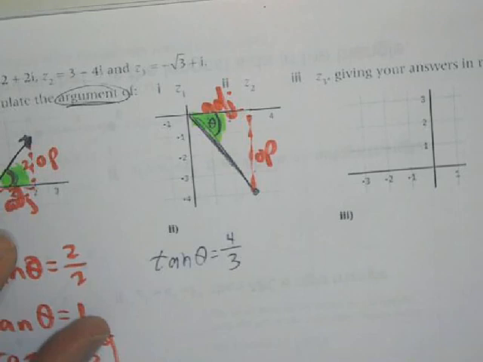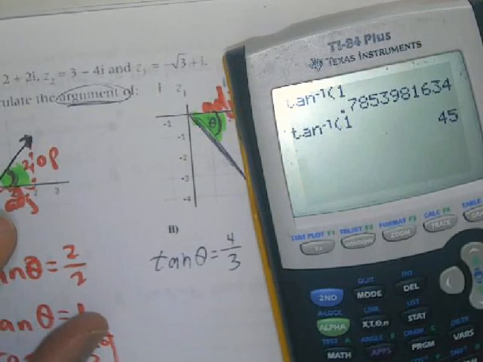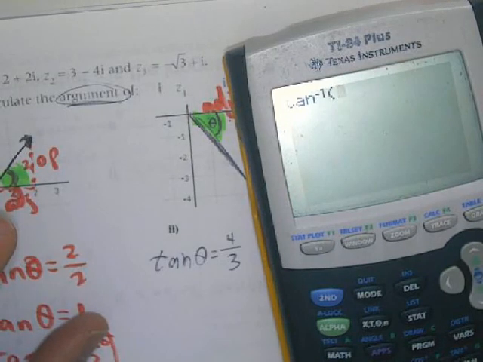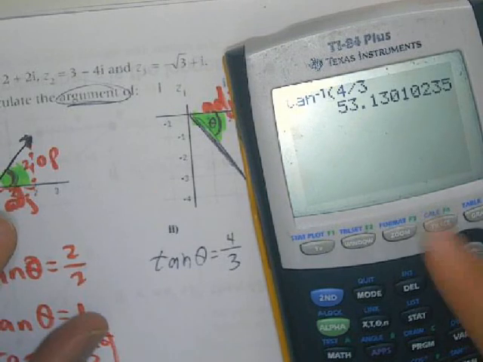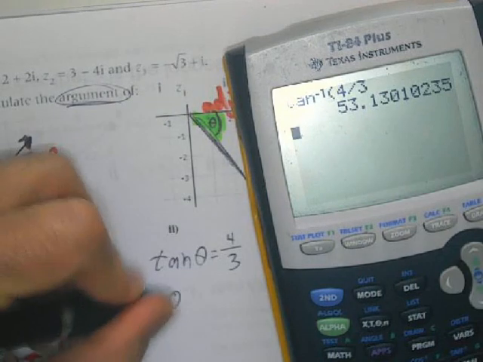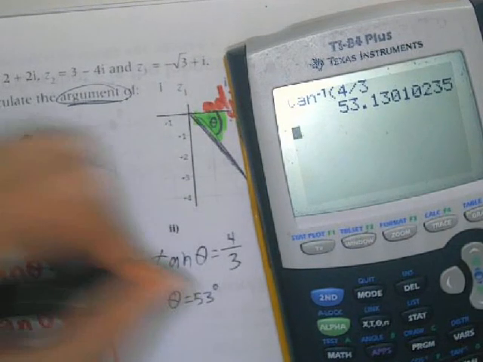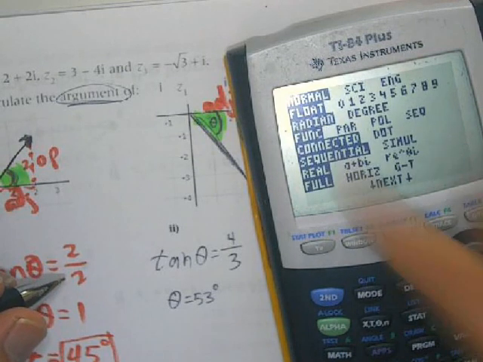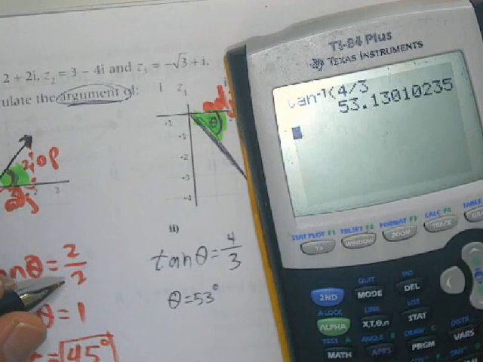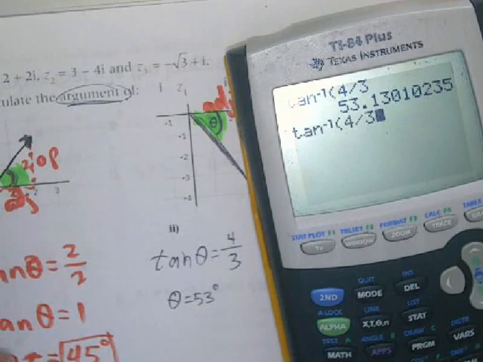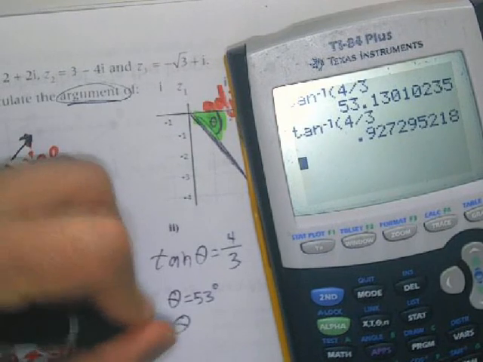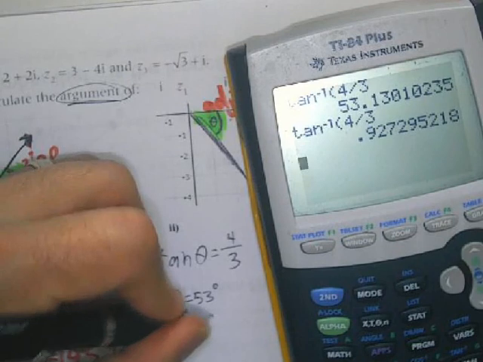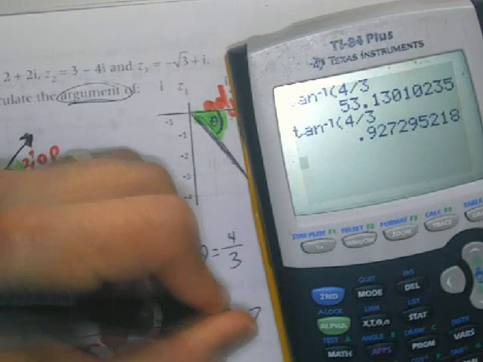So if I put that into my calculator, inverse tan of 4 divided by 3, enter. Oh, and that's 53 degrees. But I think they are going to, for the most part, just want radians. So we go to radian mode. Let's try that again. And so theta, the argument, is equal to 0.927 radian.